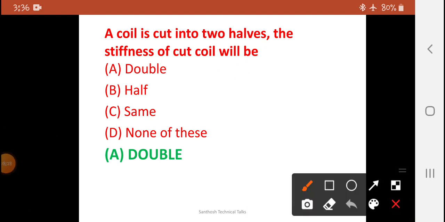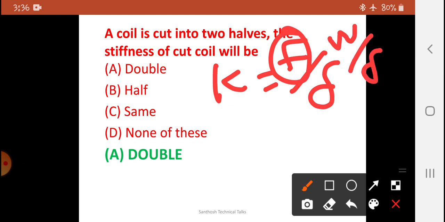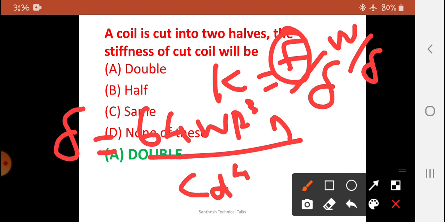The stiffness K is equal to force by deflection. Here we can take it as load by deflection. We know that deflection is equal to 64 W R cube N divided by C D power 4. If the number of coils is reduced, the deflection will get reduced.